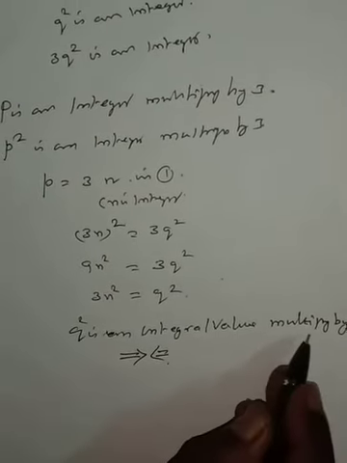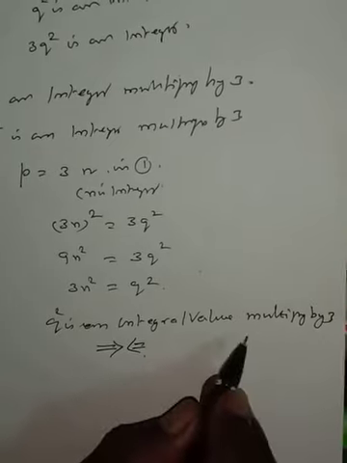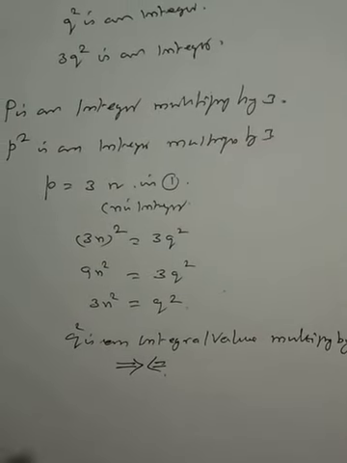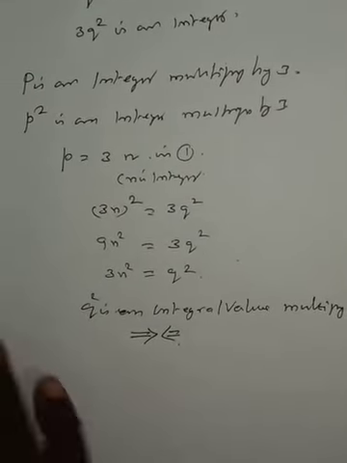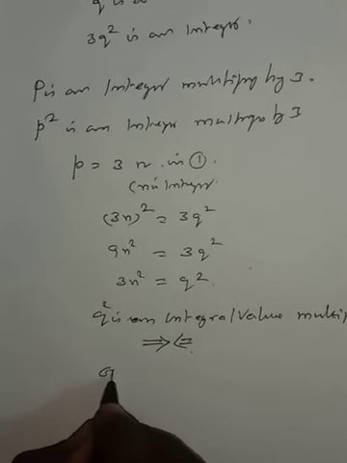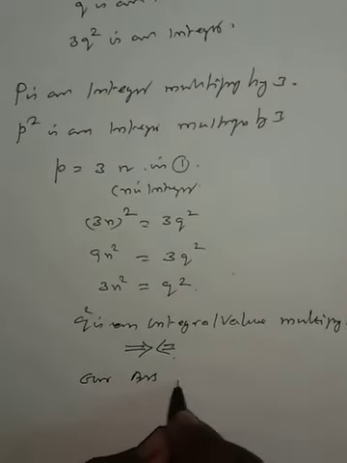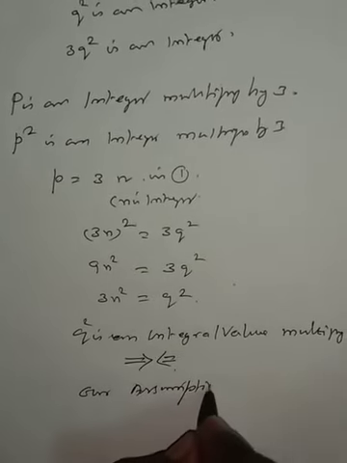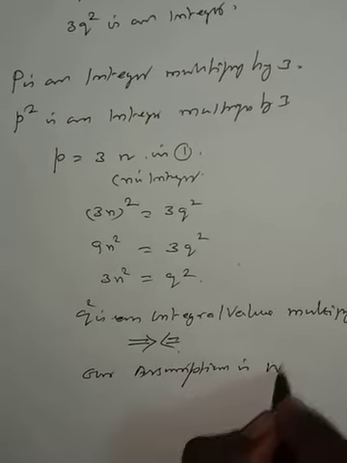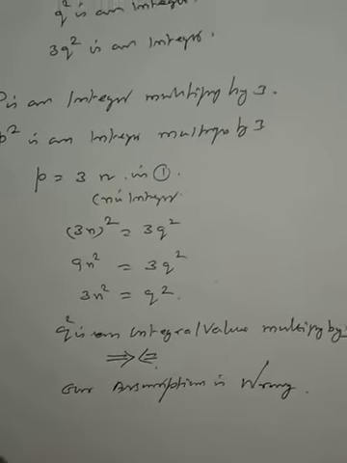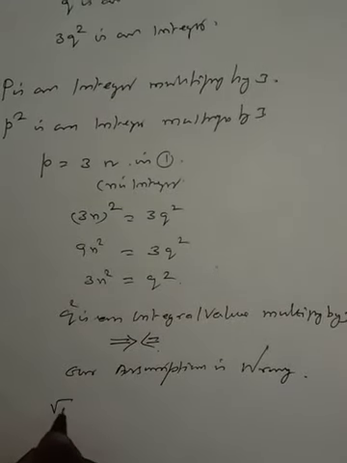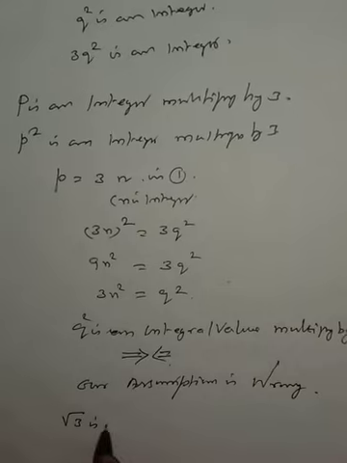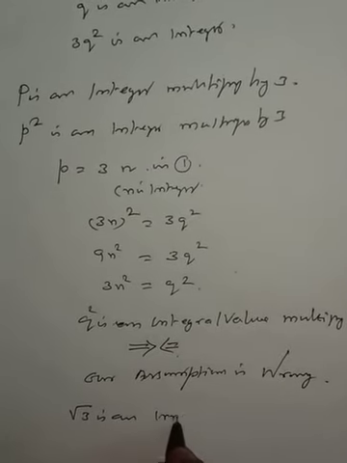Integral value multiplied by 3 is an irrational number, but in this case we have to take a rational number, therefore contradiction. So our assumption is wrong. Therefore, root 3 is irrational.